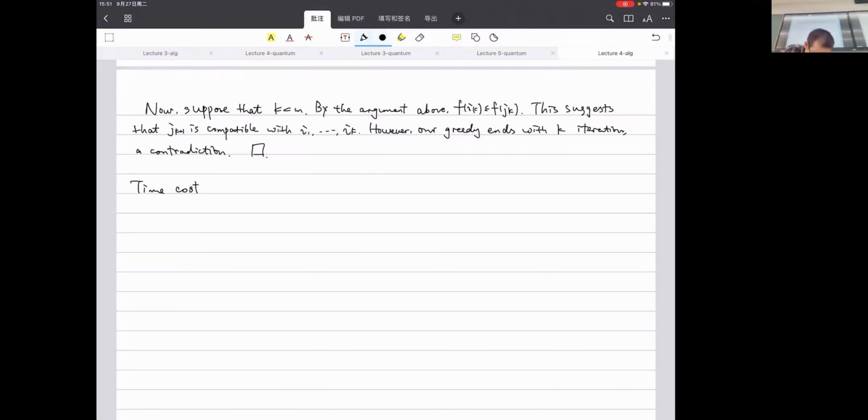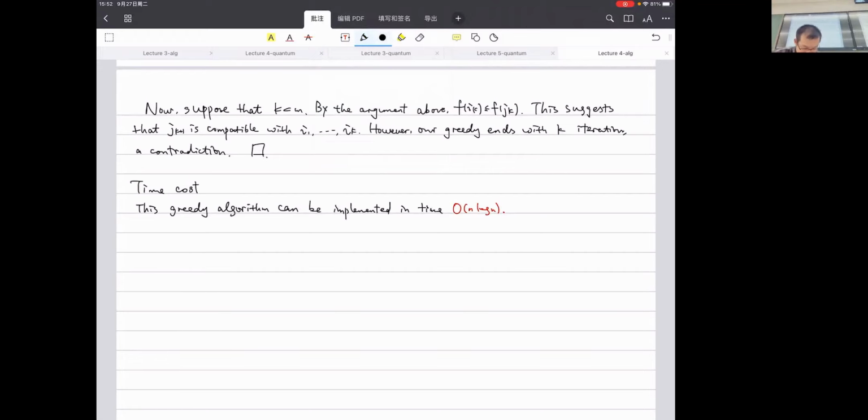We say that this greedy algorithm can be implemented in time O(n log n). So how do we do this?